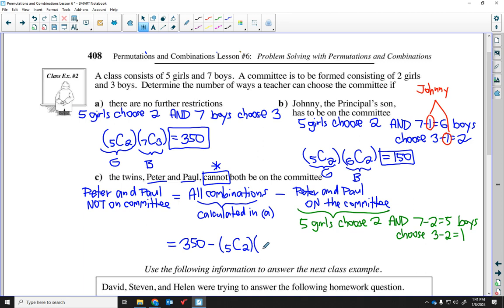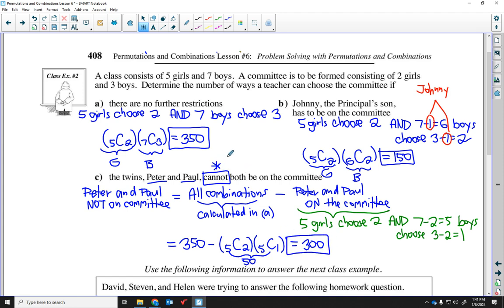So that's 5 choose 1. By the way, this is equal to 50. So 350 minus 50 would be 300.